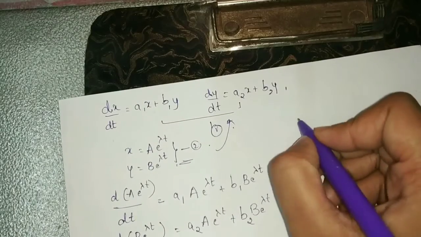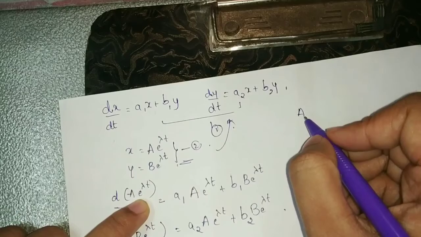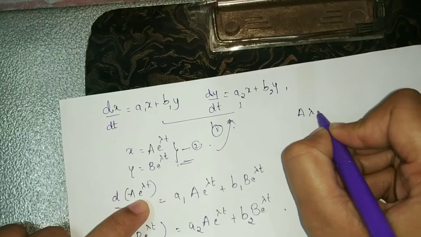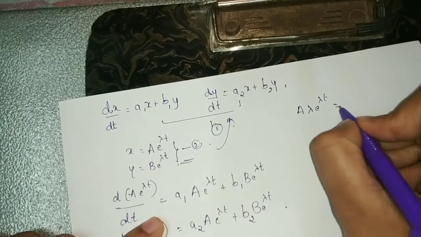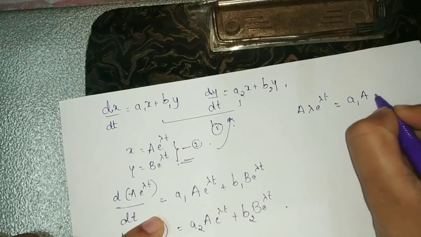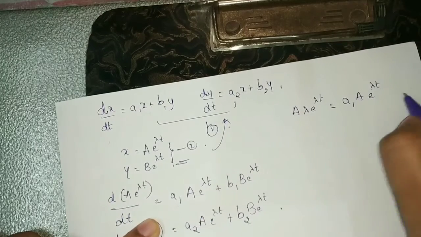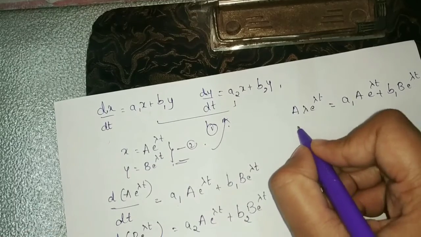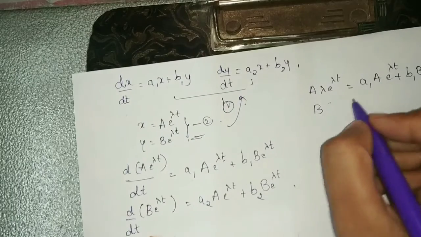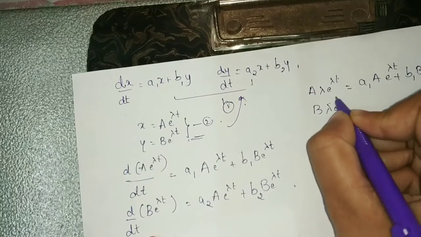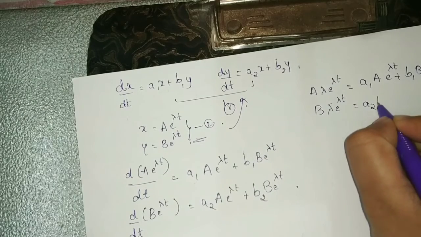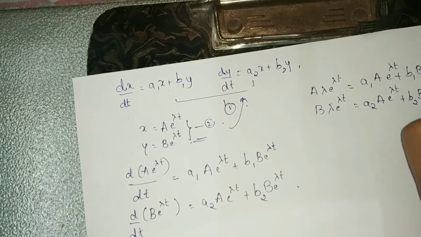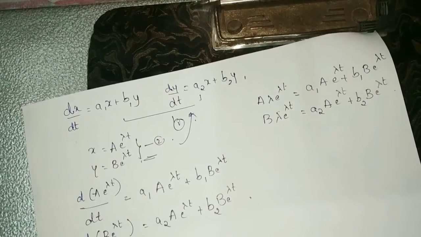Differentiating capital A into e raised to lambda t, here A is a constant, right? The derivative of e raised to lambda t is lambda into e raised to lambda t. So lambda A e raised to lambda t equals a1 A e raised to lambda t plus b1 B e raised to lambda t. Here also, differentiating d by dt of B into e raised to lambda t gives B lambda e raised to lambda t, equal to a2 A e raised to lambda t plus b2 B e raised to lambda t.